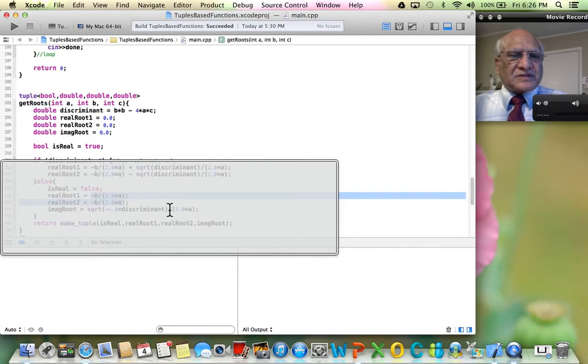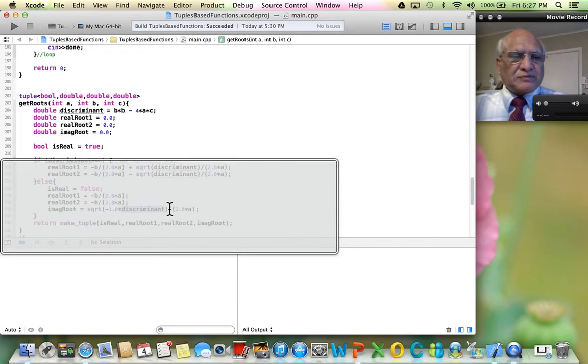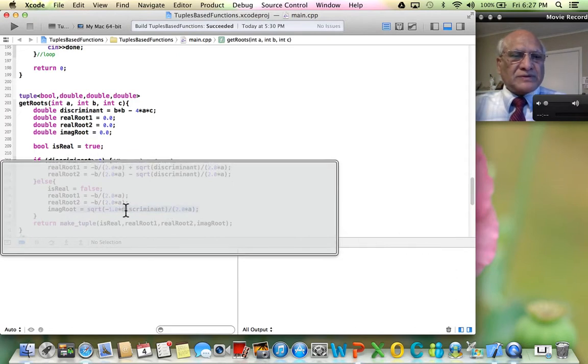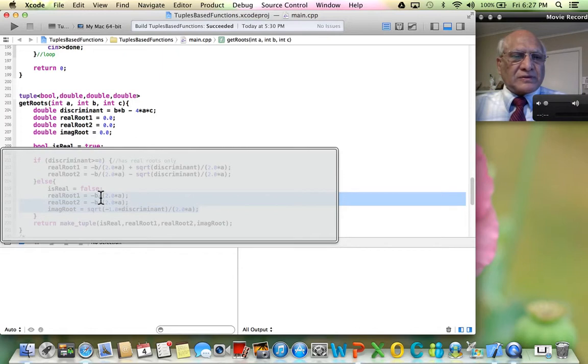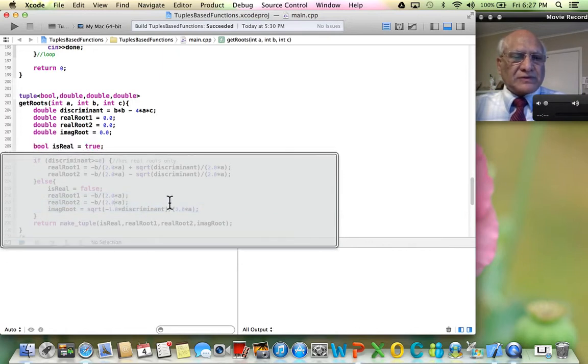But since discriminant is negative, I cannot take square root of a negative number. I actually multiply that by minus 1.0 to make it positive, and then take the square root and then divide by 2a. So this is the imaginary part of my square root. So in that case also I populate all three actually, although first two are the same actually.